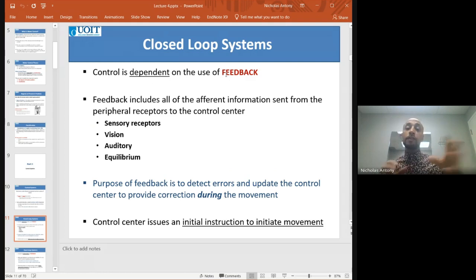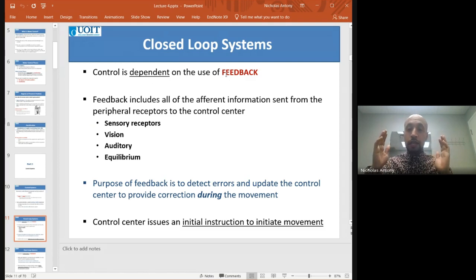You get all of that feedback, and then you can modify the instructions being sent out from the brain. So if we are doing a motor skill that's dependent on feedback because we're doing it accurately, the content of our initial instructions is to get the system going, and then it's updated in real time over and over again.